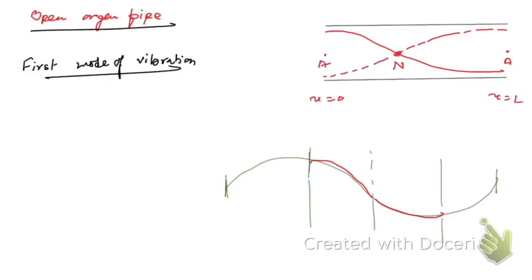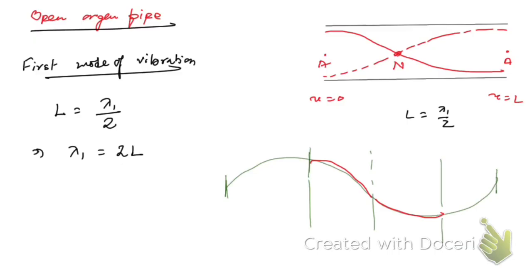So we can say that L is equal to lambda 1 by 2, which means that lambda 1 is equal to 2 times L, right? Hope you have understood it.